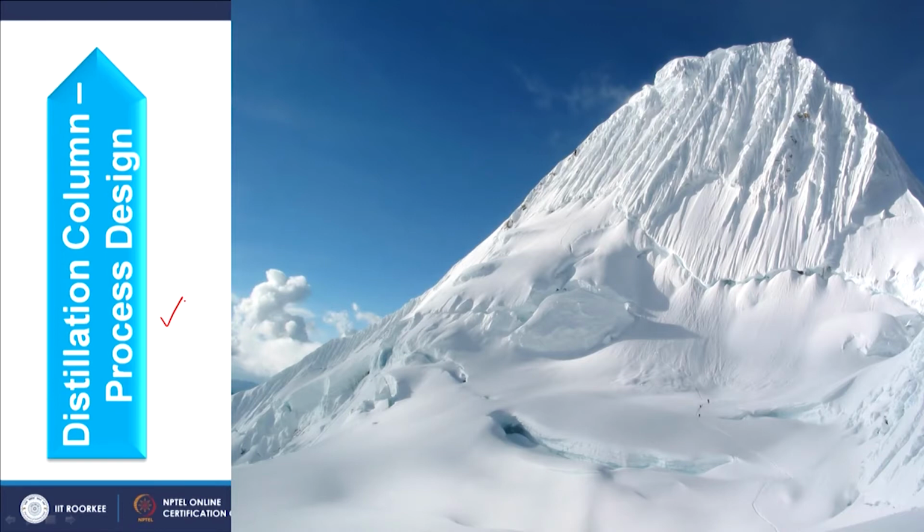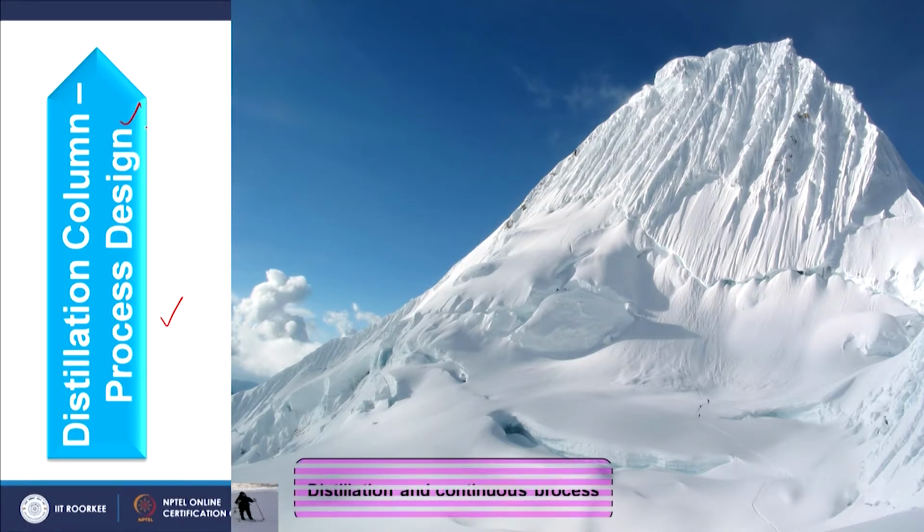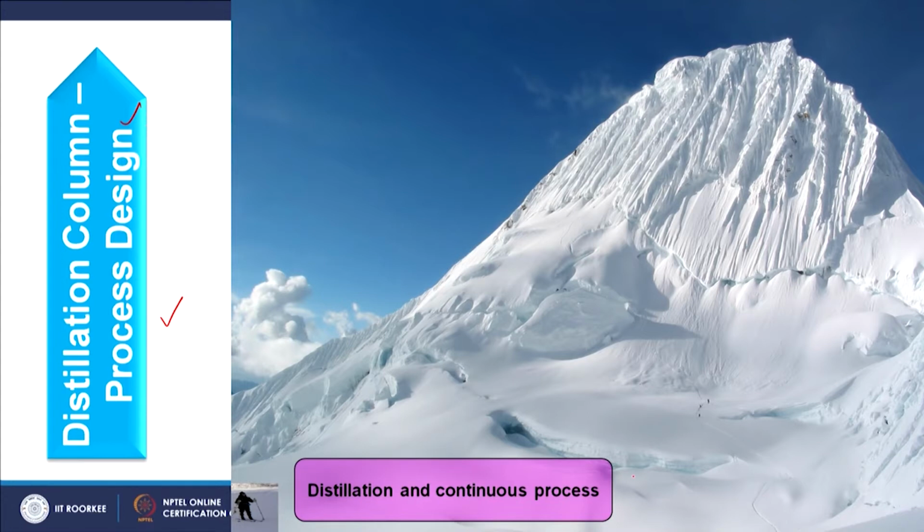But before that, let me focus on the content which I am going to cover in this course related to distillation column. Here we have the distillation column process design. First of all, I am focusing on the process design and then we will proceed for mechanical design. In the process design we will start with the distillation and the continuous process.